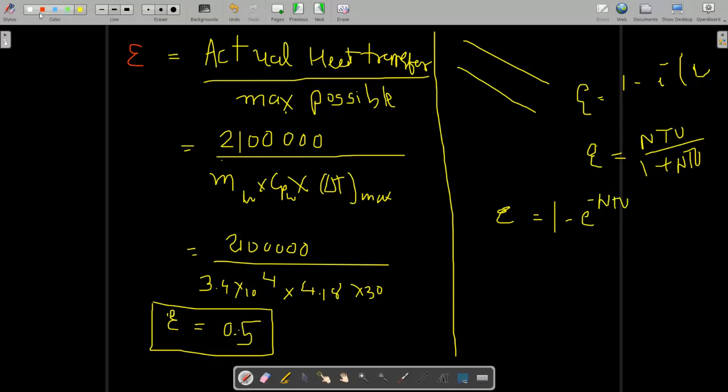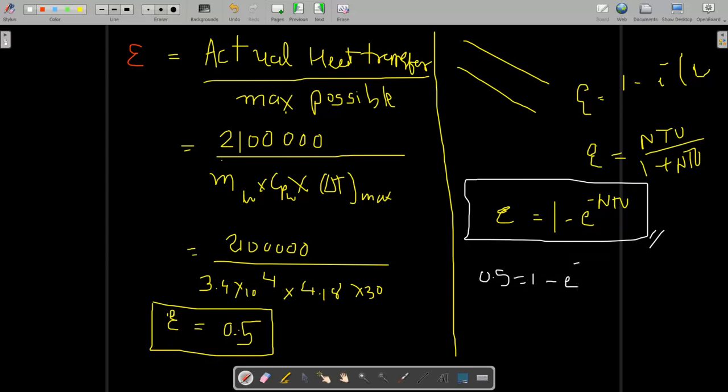There are different equations for different cases; I think you have studied this in your BTech program. So this is the equation you have to use. Now we have 0.5 effectiveness, so put this value: 0.5 is equal to 1 minus e raised to minus NTU.